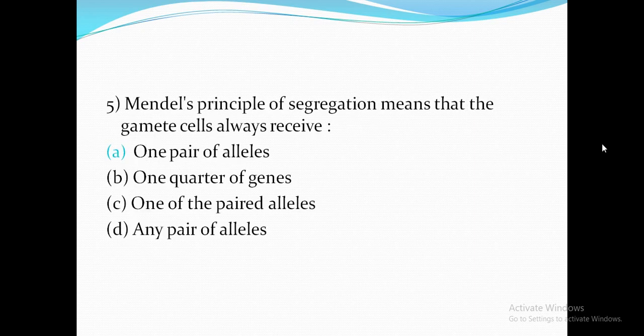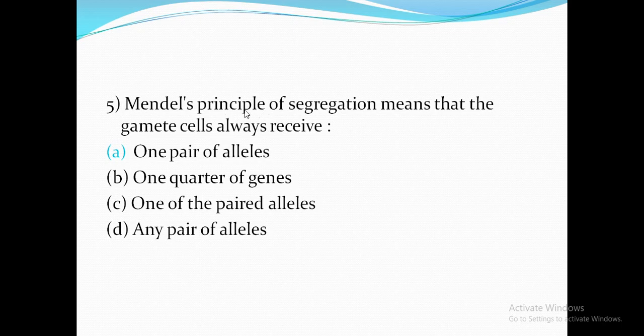Mendel's principle of segregation means that the gametes always receive one of the paired alleles. So here the answer we already know. It is also called Mendel's law of purity of gametes.